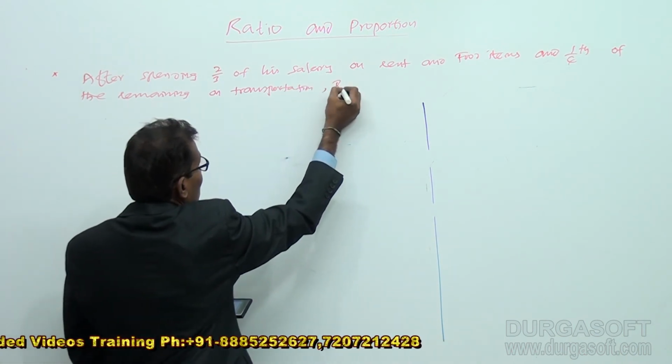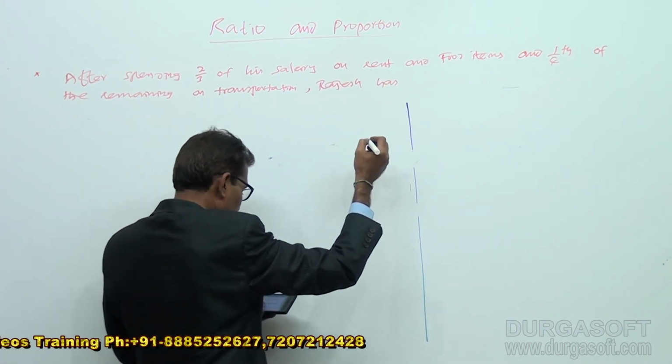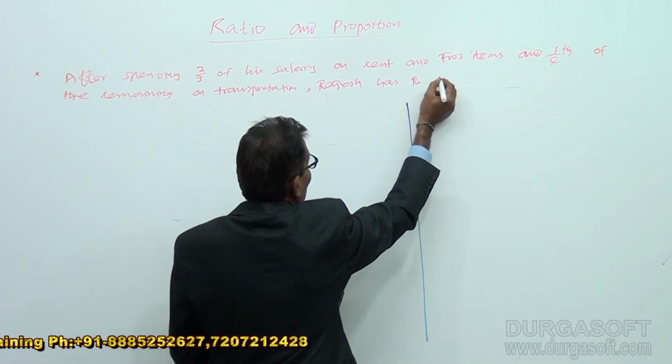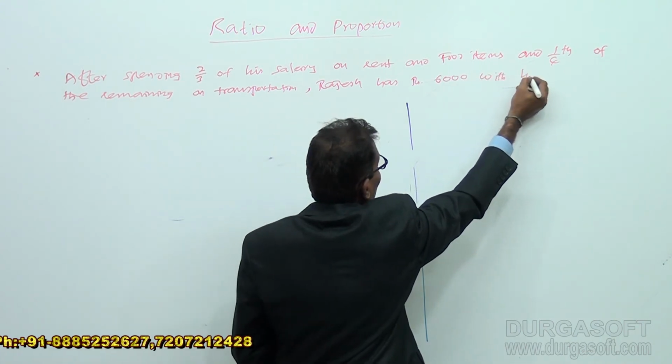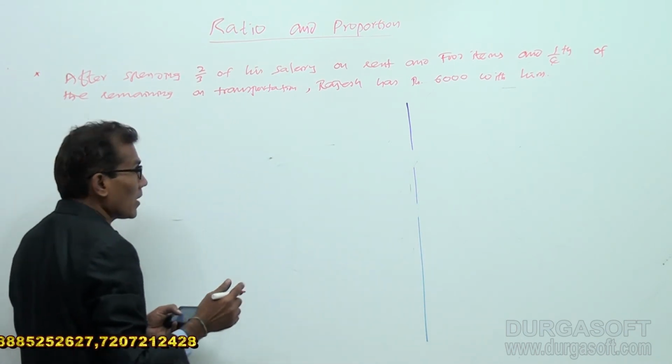Rajesh has 6,000 rupees with him. How much did he pay on transportation?